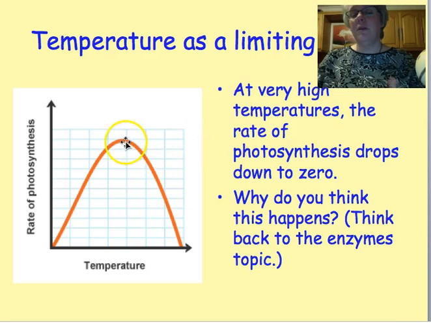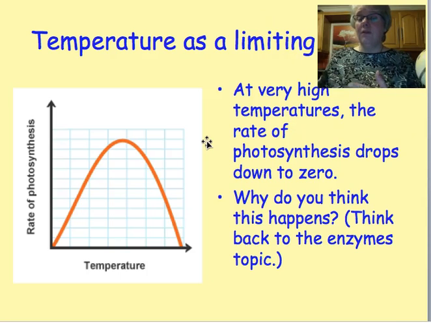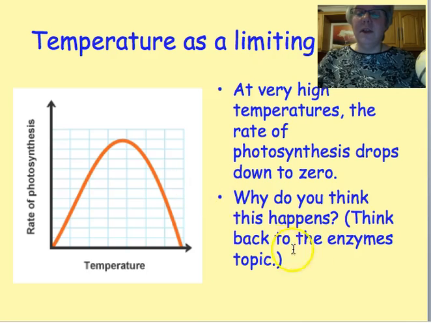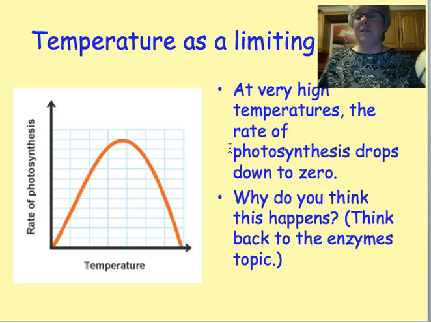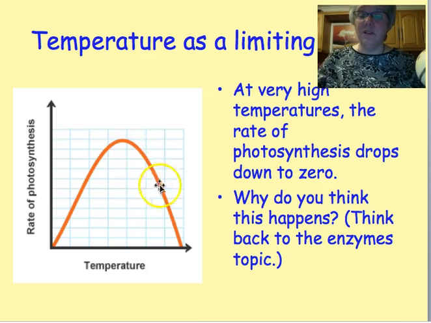So we're talking maybe about some temperature above 45, 50 degrees, 60 degrees and so on. Well, think back to your enzymes topic. What is happening up here at these higher levels? Photosynthesis is dependent on enzymes, and what happens is the enzymes for photosynthesis end up being denatured, and so the rate of photosynthesis just plummets, it drops dramatically.